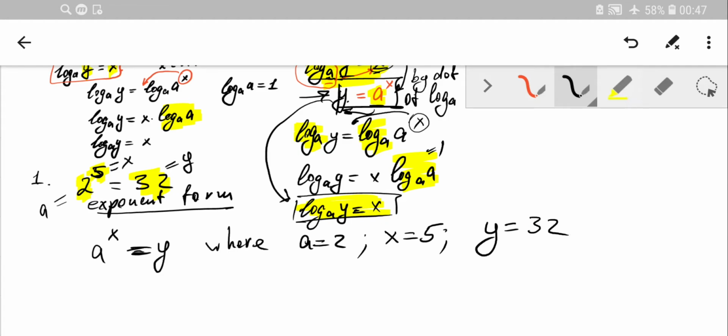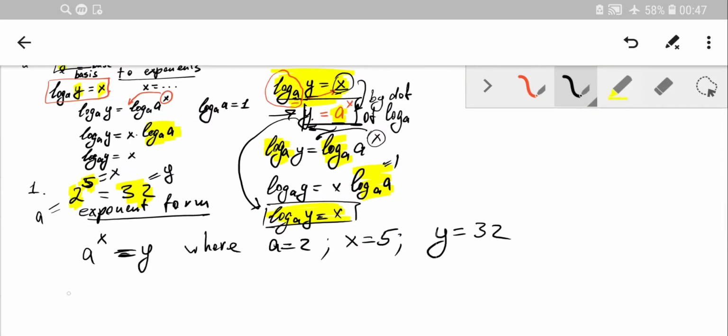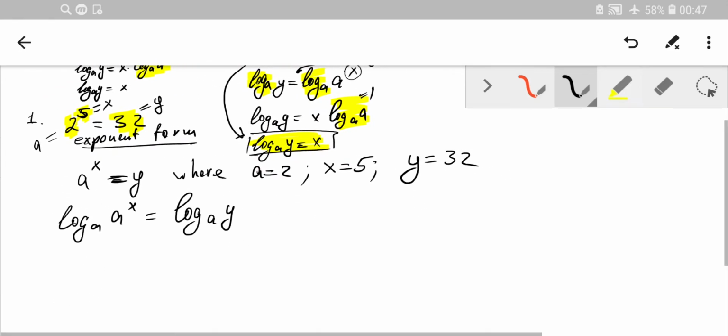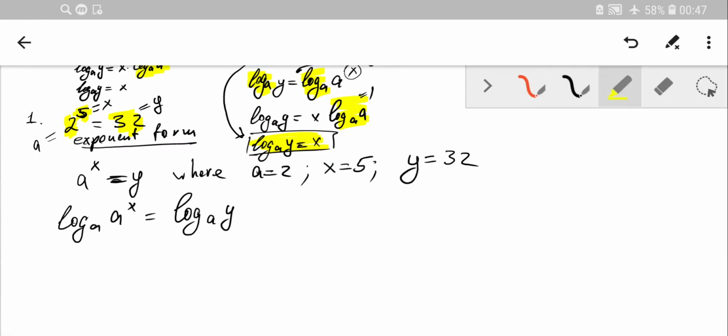Okay, so what do you actually need to do? Just remember you need to apply log a to both sides, right? In order to get the logarithmic form. From there we know that this is simply 1, and we'll get x coming in before.